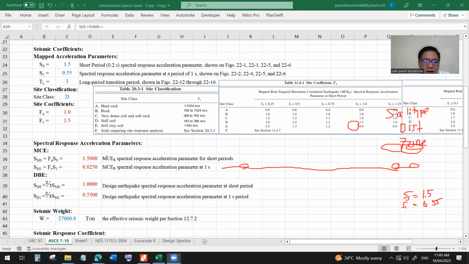So, 1.5 times 2/3 is 1. And then, 0.825 times 2/3 is 0.55. SDS is 2/3 SMS. SD1 is 2/3 SM1. So, SDS, meaning design, pag-design na siya. Design spectral response.